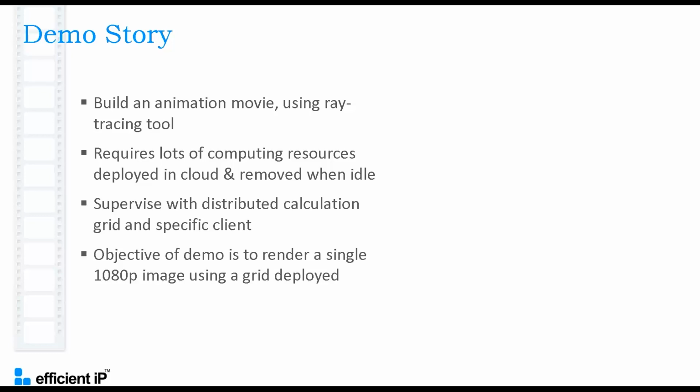We tried to show that using DDI as a center pin or as a center hub or engine, you can really do anything. So we're building an animation suite or a video editing suite, I should say. The suite requires lots of resources in the cloud, which is where we're spinning it up. So we have a requirement to remove it when we're not using it. We want to supervise everything that's going on. And we have an objective to deliver a 1080p image that's been rendered via a grid deployment.